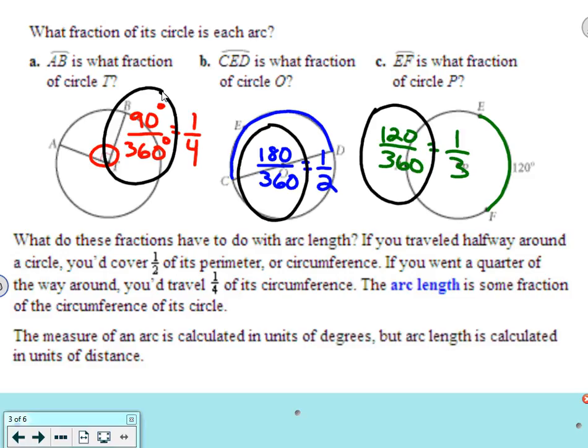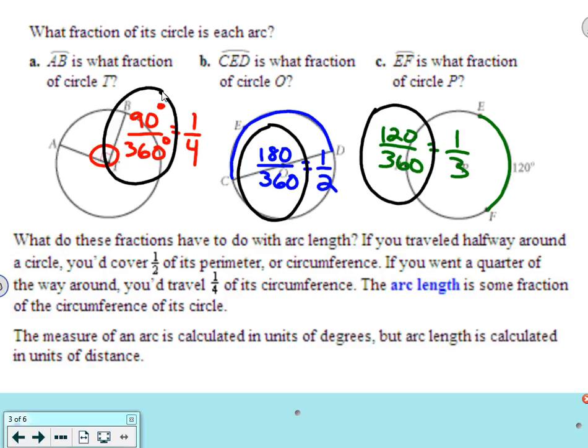And all three of those fractions are the same thing. 90 was the arc measure over the whole circle of 360. 180 was the arc measure over the whole circle of 360. 120 was the arc measure over the whole circle that is 360.